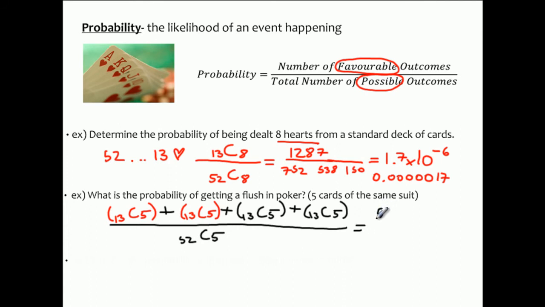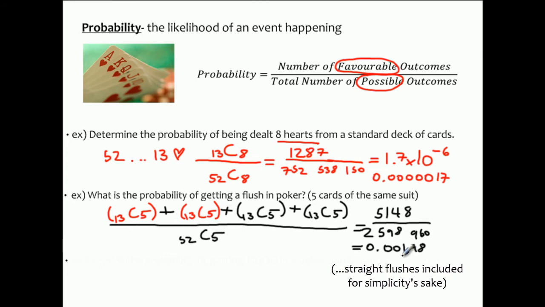This will give us 5,148 divided by 2,598,960. So it works out to be, as a decimal, 0.00198. So it's about a 0.198% chance that you get a flush in poker.